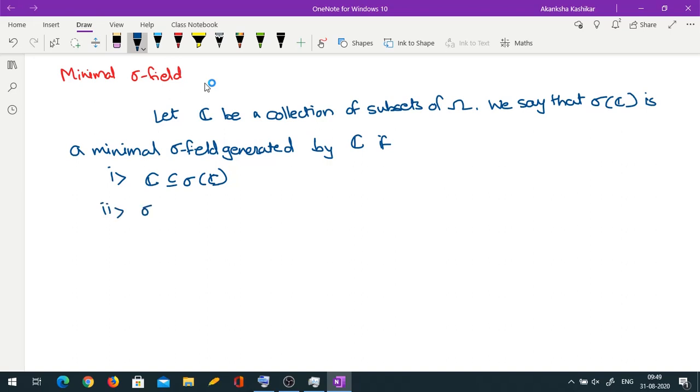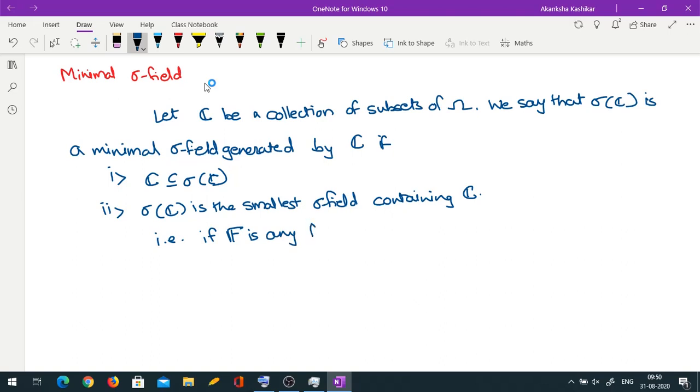And the second condition is sigma C is the smallest sigma field containing C. That is, if F is any sigma field containing C, then sigma C has to be a subset of it.